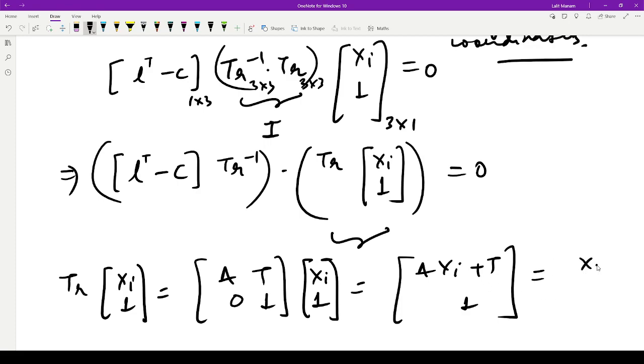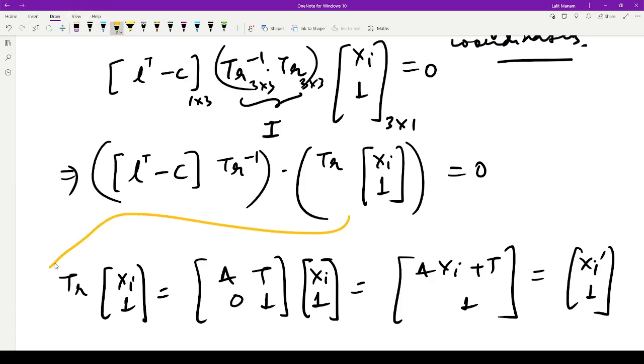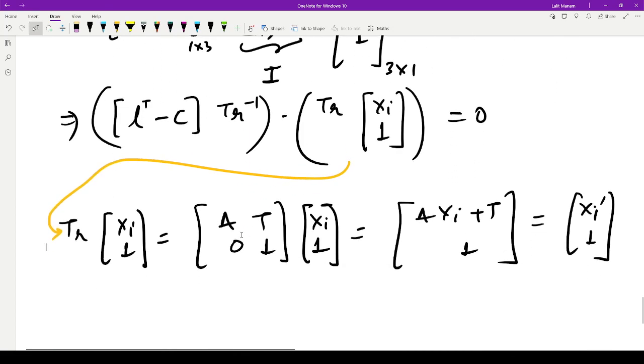So I'll just write it as xi prime comma 1. Yes, xi prime 1. So these are the transformed points. So I replace this part with this, and now given the left hand side, I mean the other part, I would like to do it this way.